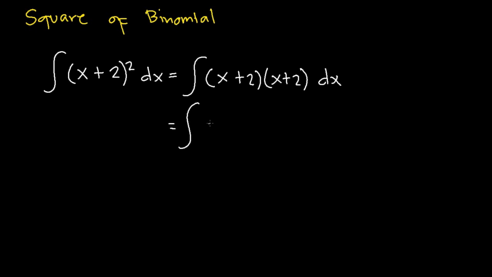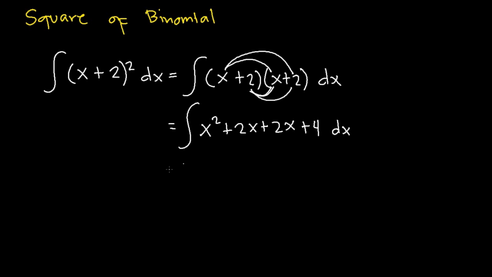So i-simplify din, i-evaluate i-FOIL method. So antiderivative of x squared plus 2x plus 2x plus 4 dx. Kailangan ni muna unaon nga pag wala pa nag-antiderivative, ipabilin ang integral sign.